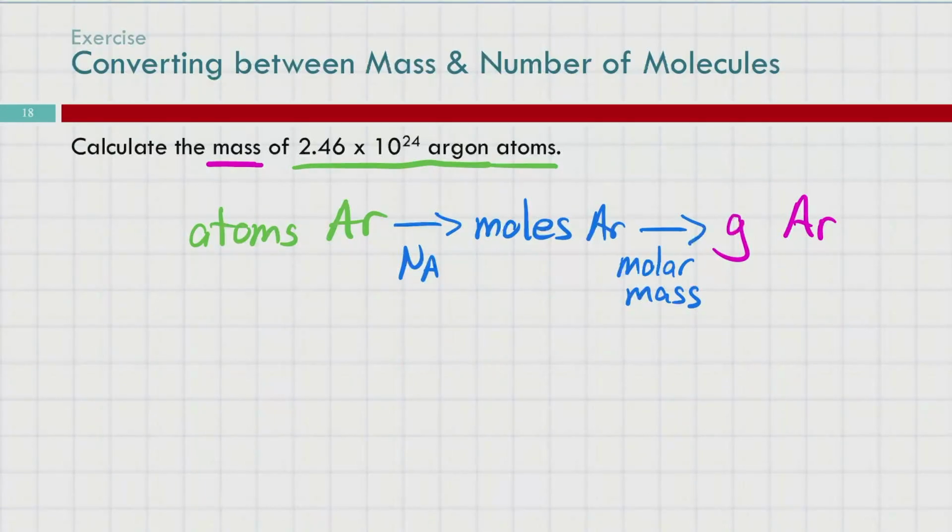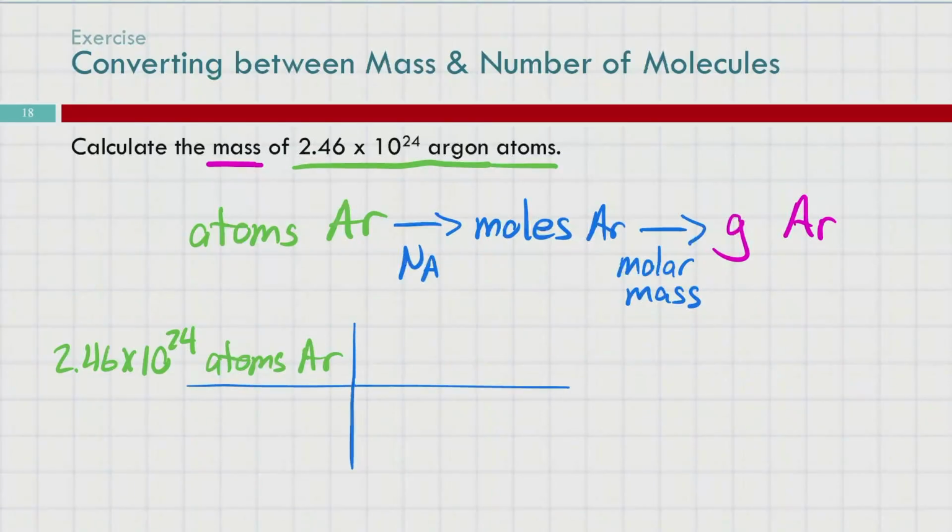So starting with our somewhat ridiculous 2.46 times 10 to the 24 atoms argon. We need to use Avogadro's number. We've got a somewhat ridiculous number. We're going to make that into a much less ridiculous number, dividing by Avogadro's number, which is 10 to the 23, not 10 to the 24.